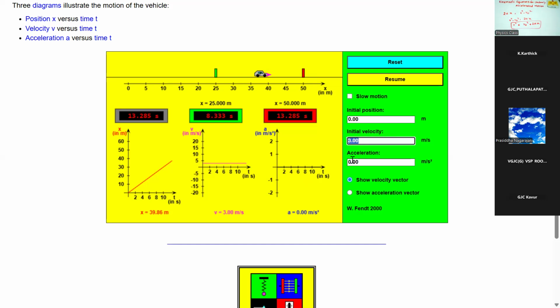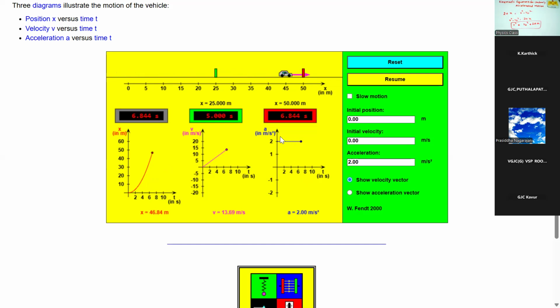Now you can see that I am putting a value in the acceleration box. Now just look at the graphs. Look at the second and third graph. I am putting 2 meters per second square as the acceleration value.